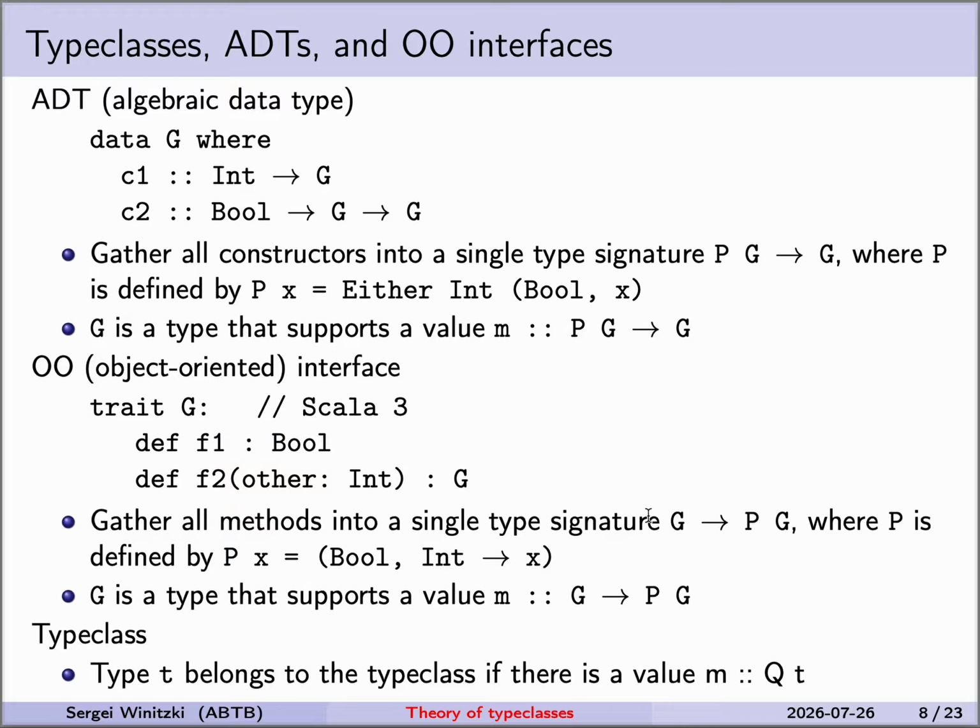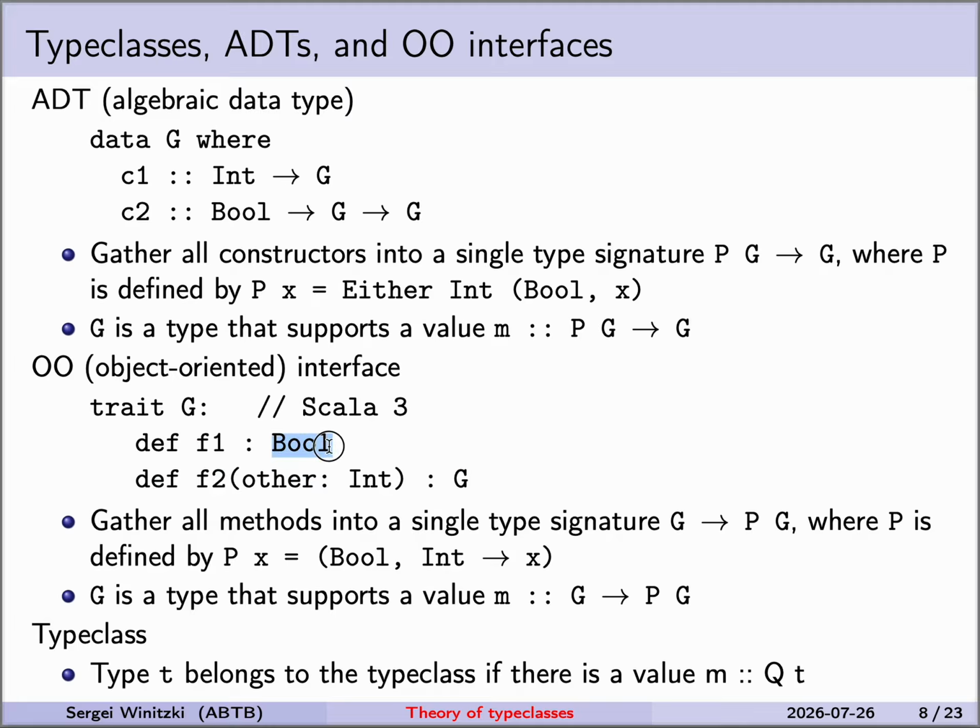And so it's an argument which you have to write out when you write down the type theory view of these functions. And so then you have combined the type signatures of all methods in the interface into a single type signature of this form, where P, for this example, will be defined like this. So we have uncurried, and then there's this function. So P is a type constructor that unifies the types of these functions.